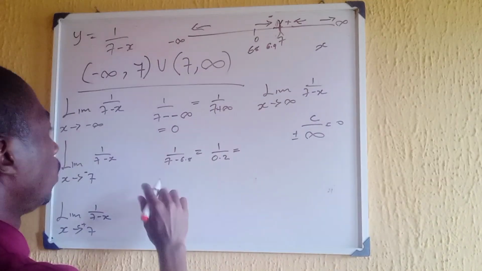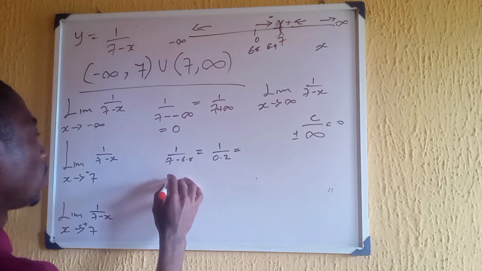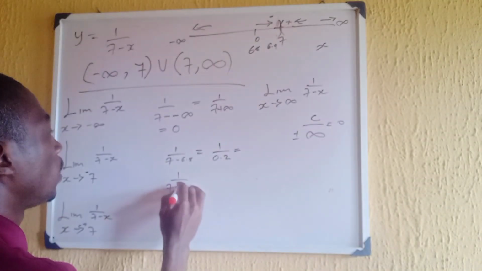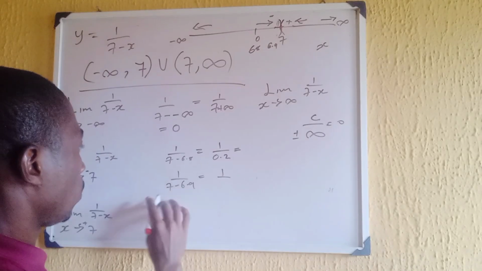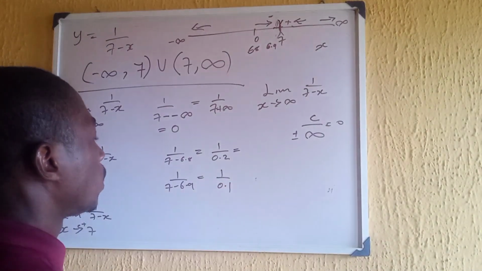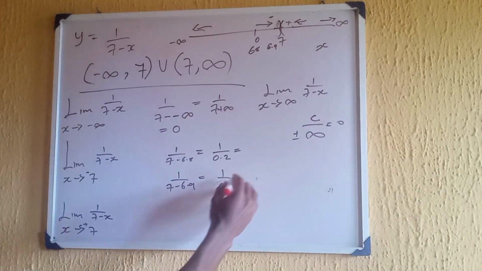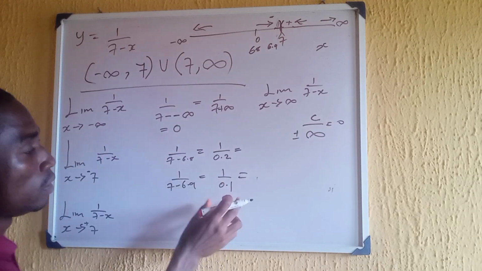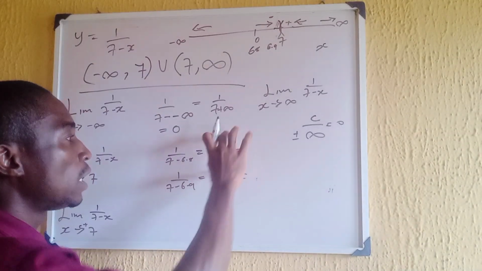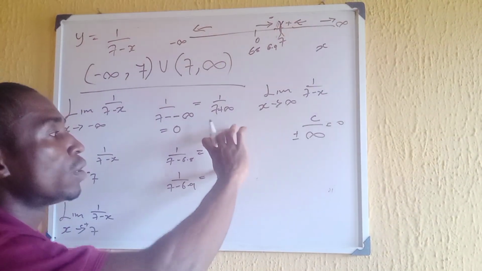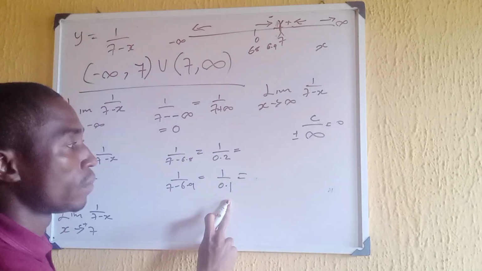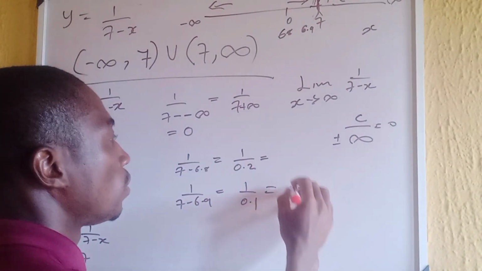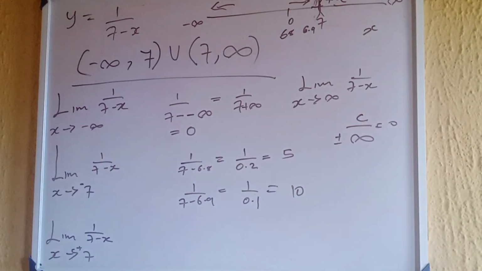Then you'll be having the next guy, 1 over 7 minus 6.9, which is equal to 1 over 0.1. Now, what do you notice? This number will be bigger than this number because the denominator of this guy is bigger than the denominator of this guy. So this should give us 10, whereas this should give us 5.